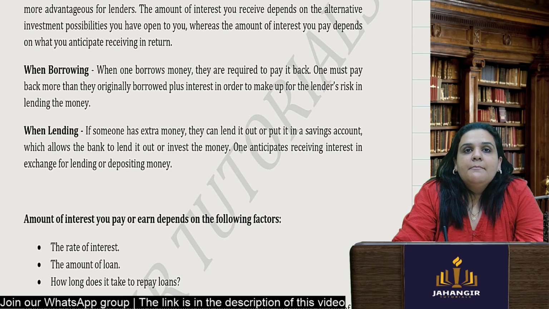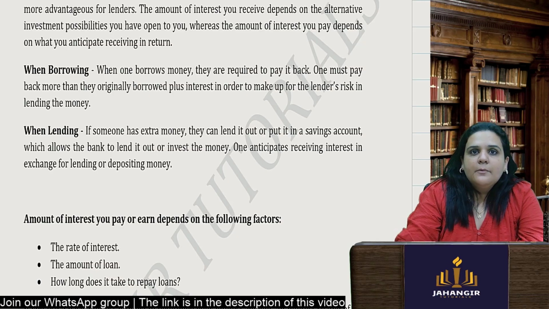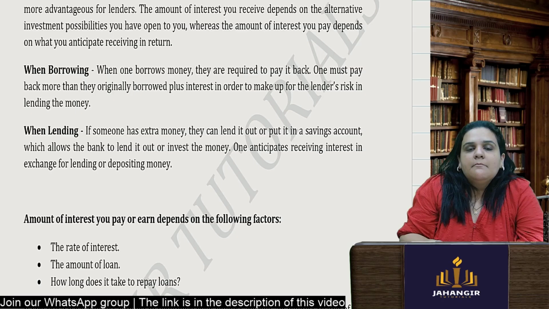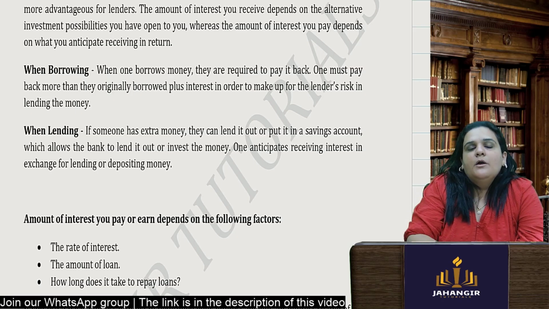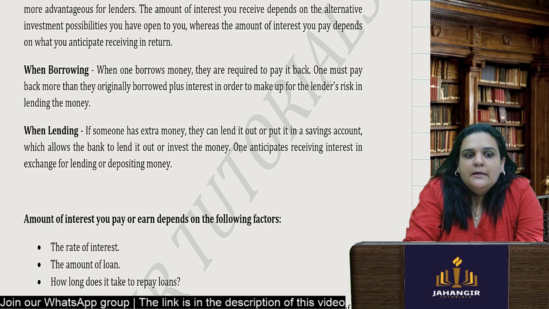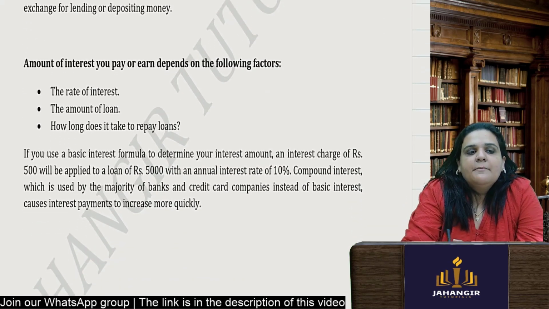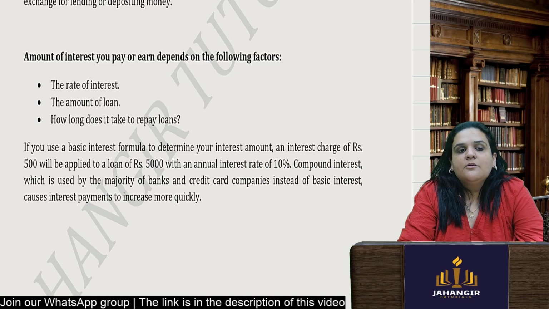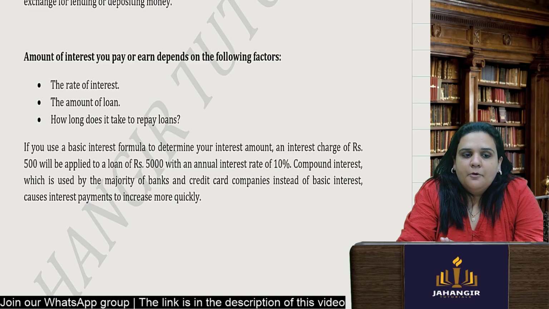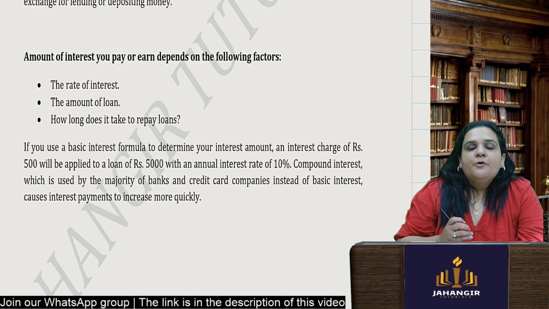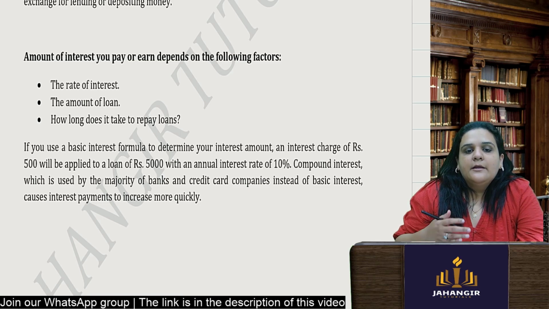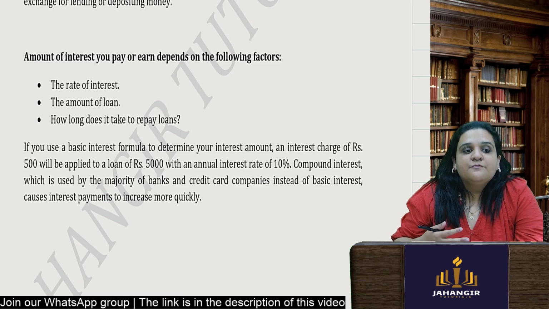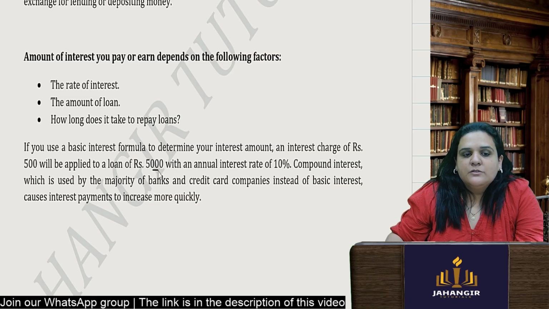And when lending money, if someone has extra money and is lending it to you, obviously I would want to make some more money out of the investment I made in you, right? So the rate of interest, amount of loan, and time taken to repay the loan are all factors that the amount of interest depends upon. Say an interest charge of rupees 500 is applied on 5,000.